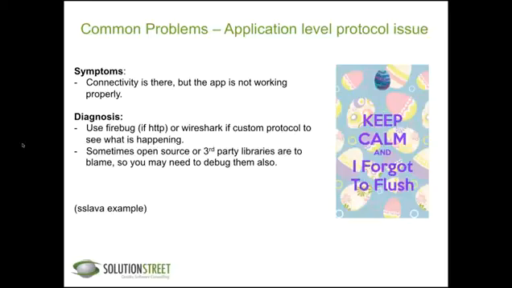What it turned out to be, after hours of looking through TCP dumps, was this SSLava library. For those of you familiar with sockets and buffers, in Java everything's buffered, and it wasn't flushing at the end of every request. It wasn't in our control, it was the third-party library not flushing.